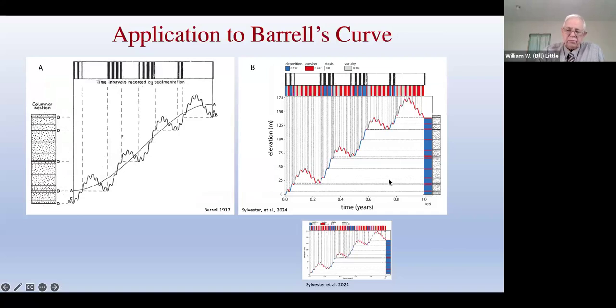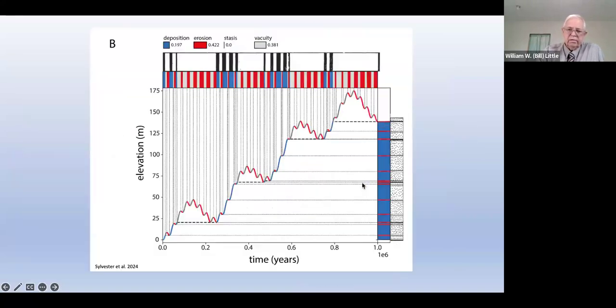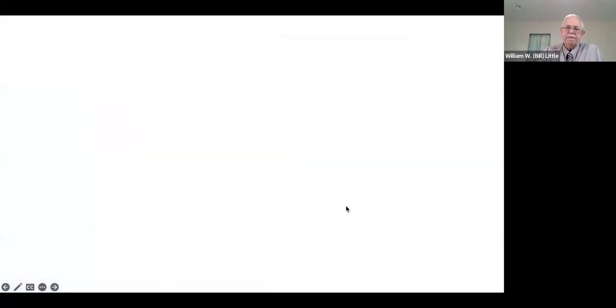And so if you look at this in terms of time, then the blue is what is preserved. That's what we actually see in the rock record. The gray is what was deposited and removed, and the red is the process of removing that sediment.